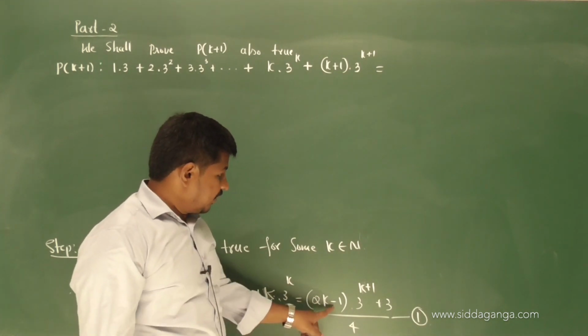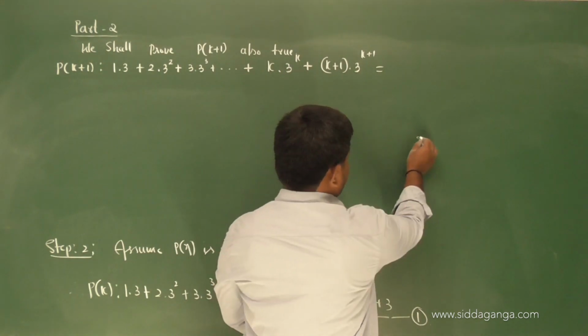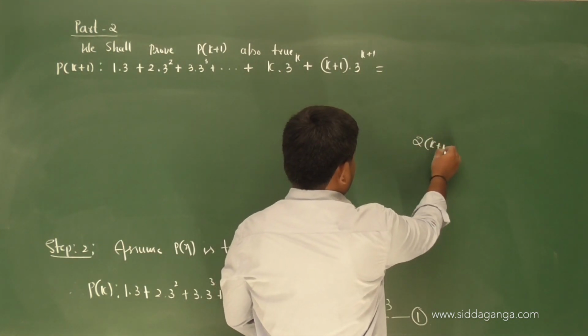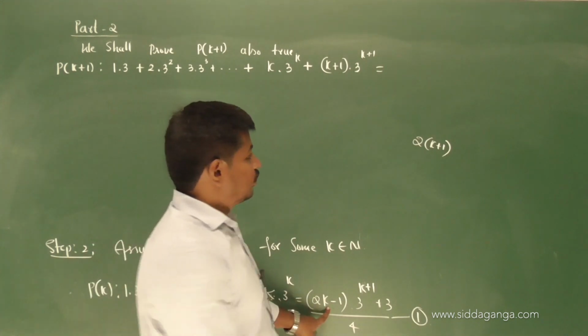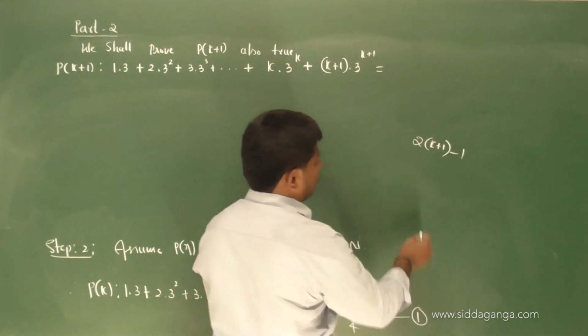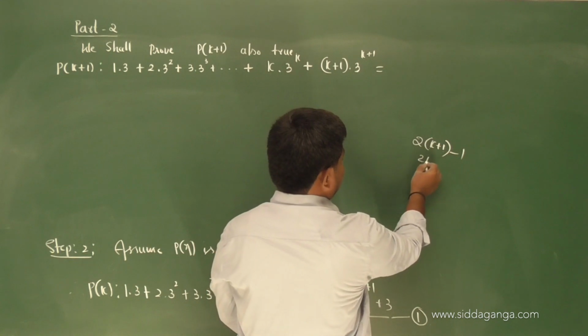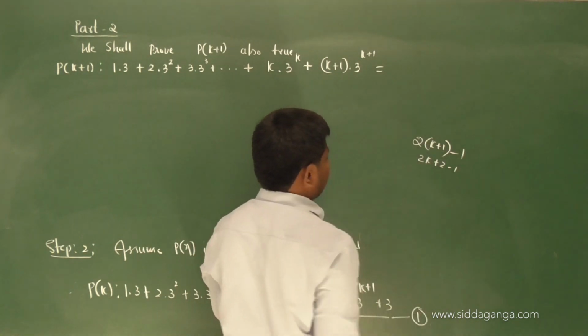So here 2k minus 1 becomes what? So 2 into k plus 1, in place of k, minus 1. What do you get? 2k plus 2. So 2k plus 2 minus 1, you mean 2k plus 1.